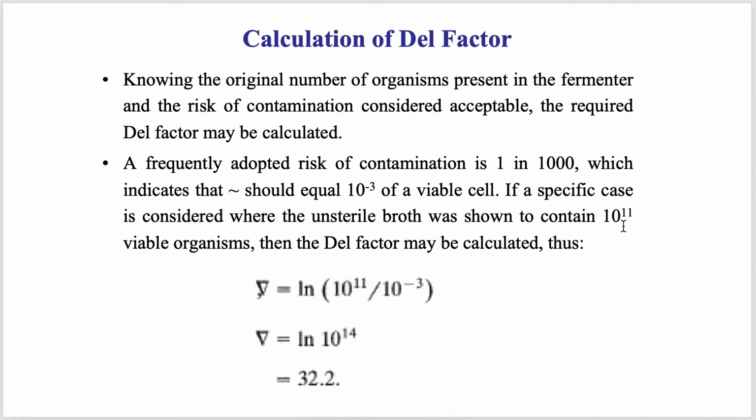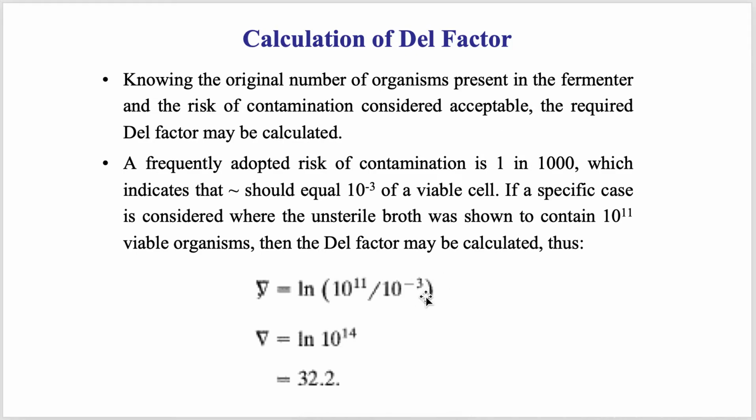In industry there is an accepted range of contamination, and usually the most adopted range is that we allow contamination of 1 in 1000. So this is the Nt. In 1000, only one microbe will be there. So Nt will be 10 to the power minus 3, as this is the accepted value of contamination.